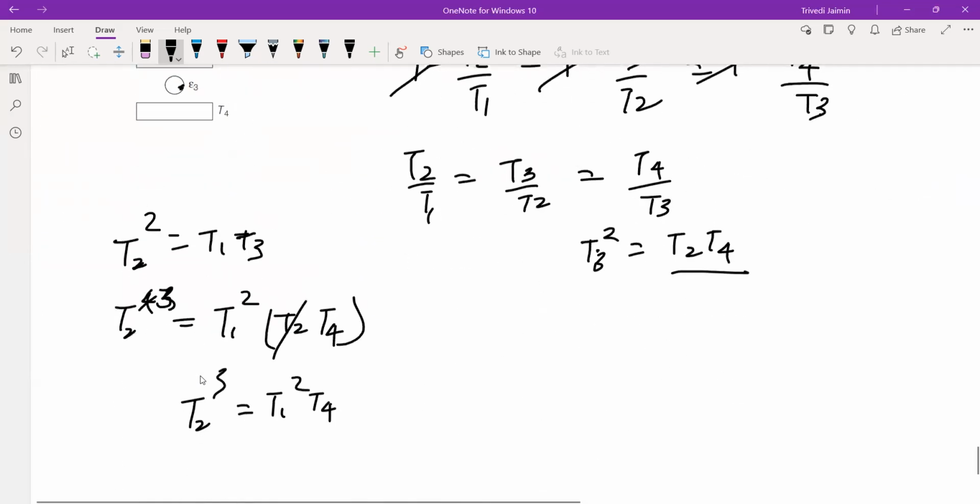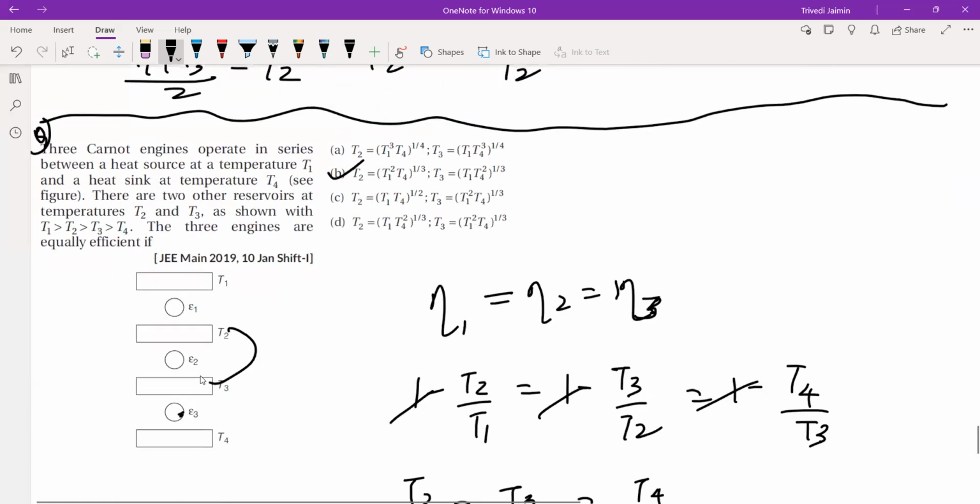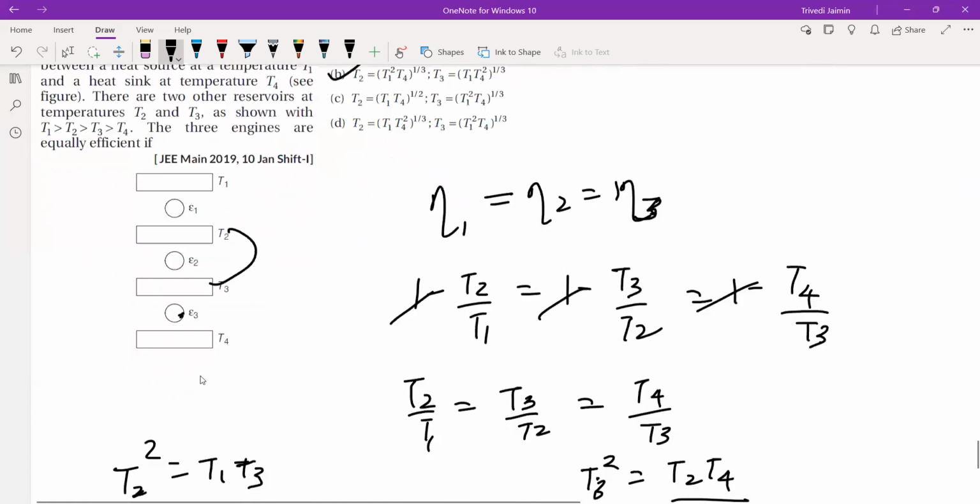Let's confirm with the third point. This one we got, then next we need T3.